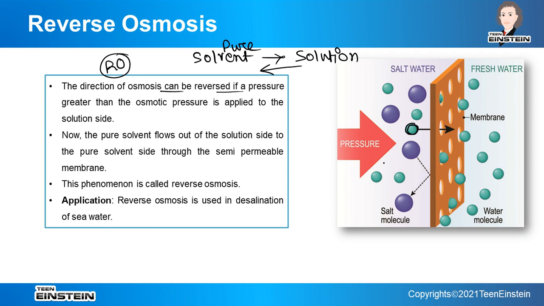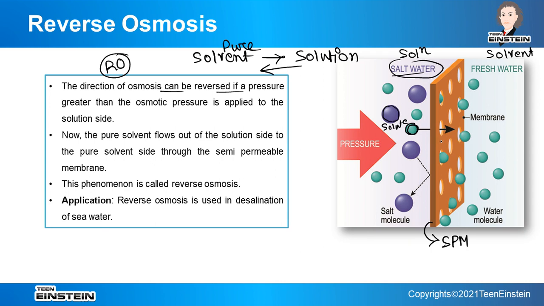So these are the water molecules and these are the solute particles, sorry, it is salt water, so these are NaCl particles. On this side is the solution and this is the pure solvent. This is the SPM, the semi-permeable membrane.